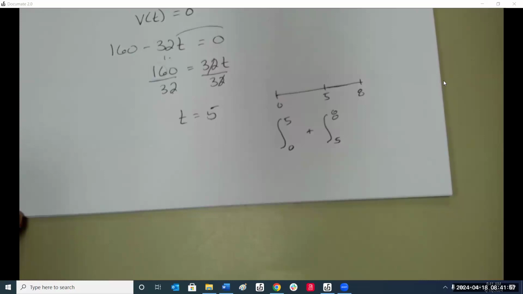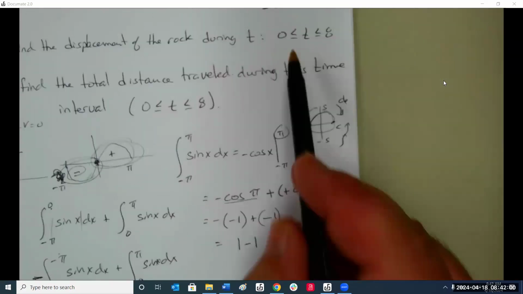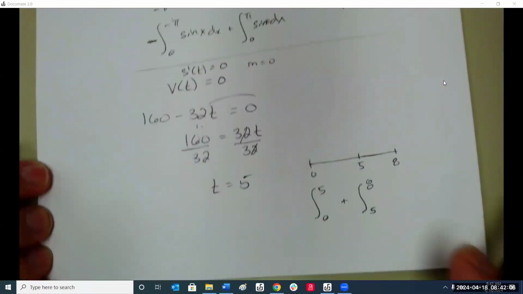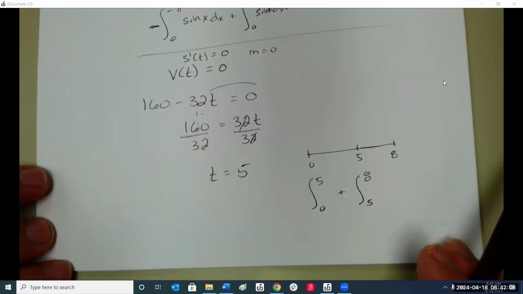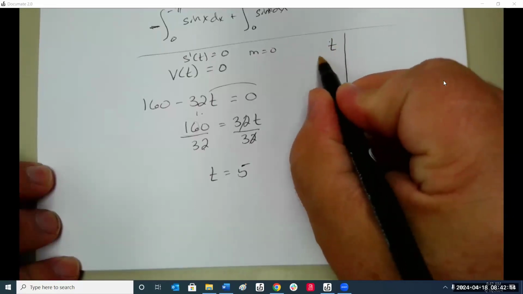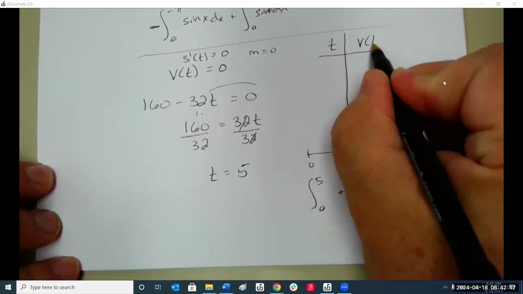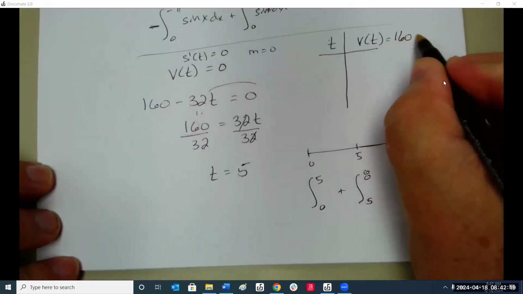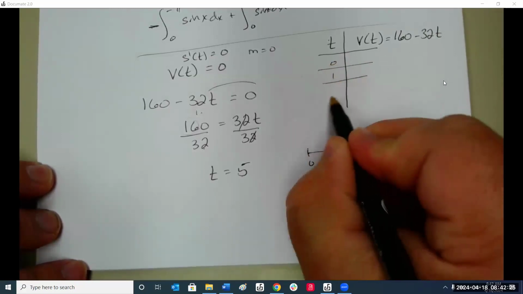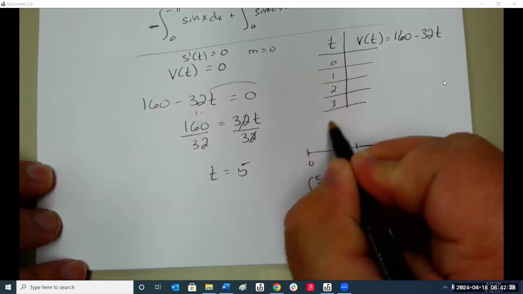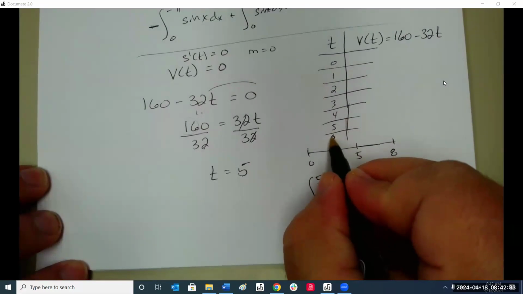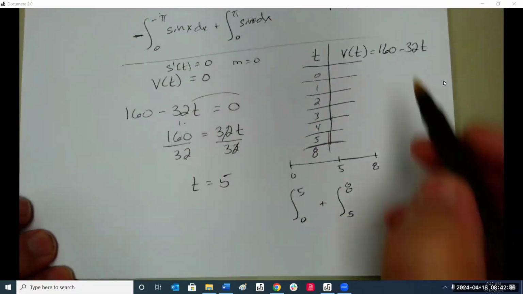Yes, because we're only going from 0 to 8. If you would create a table from 0 to 8, what do you think you'd see on this side?